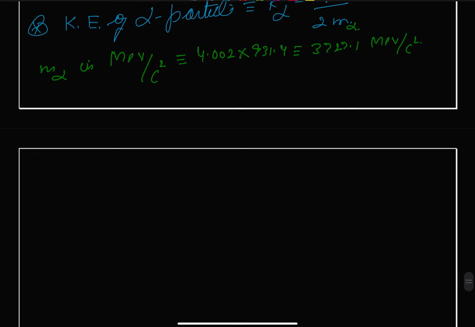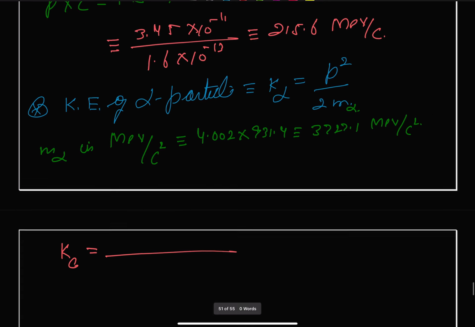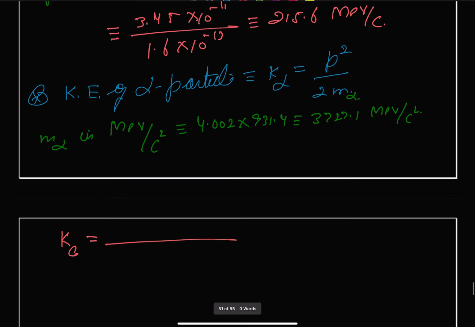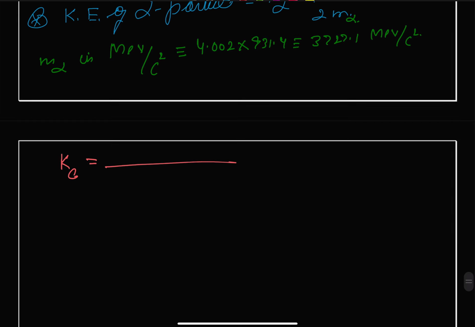So we can say that our K alpha will be equal to, the momentum we found out is 215.6 whole square, and 2 multiplied by 3727.1, which will be approximately equal to 6.24 mega electron volt.